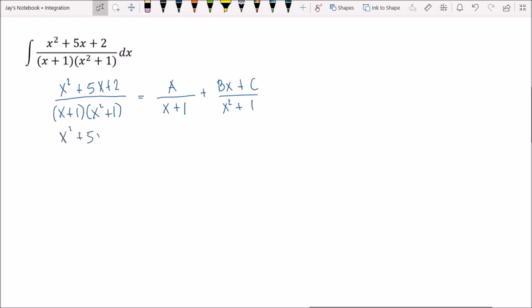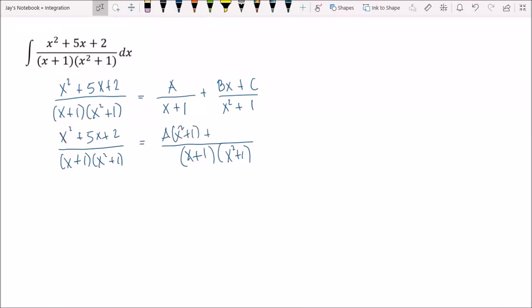x squared plus 5x plus 2 over x plus 1 times x squared plus 1 is equal to what is the common denominator. So the common denominator is x plus 1 times x squared plus 1. Correct? So we cancel out x plus 1, then the remaining would be A times (x squared plus 1) plus (Bx plus C).